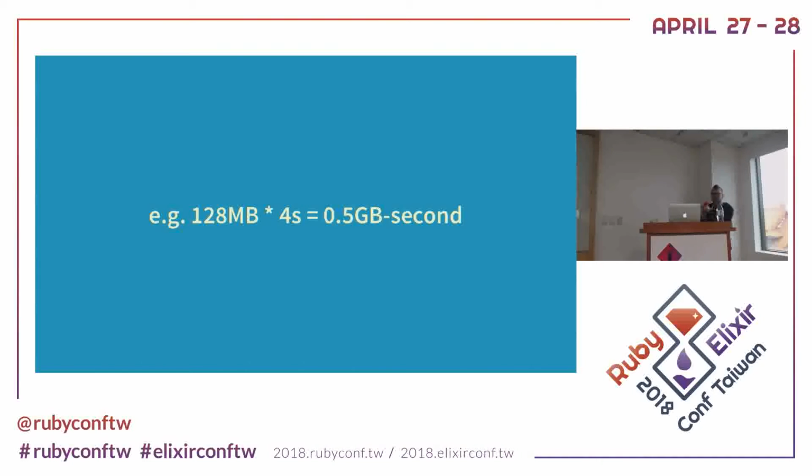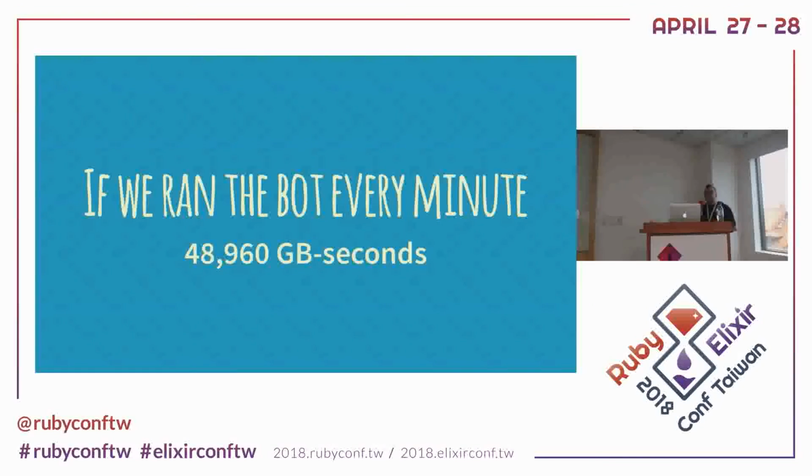And since traveling Ruby and mruby outperform JRuby, we're going to calculate their monthly compute time. If we ran the bot every minute, that would make our bot spend less than 50,000 gigabyte seconds, and we got 400,000 of those monthly. So that's on a free tier, and that's a really good bargain, especially if you're doing something like this.